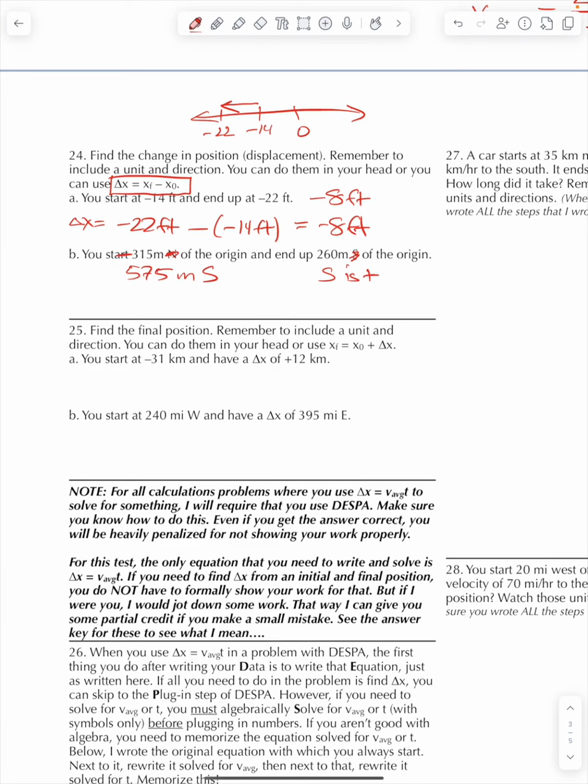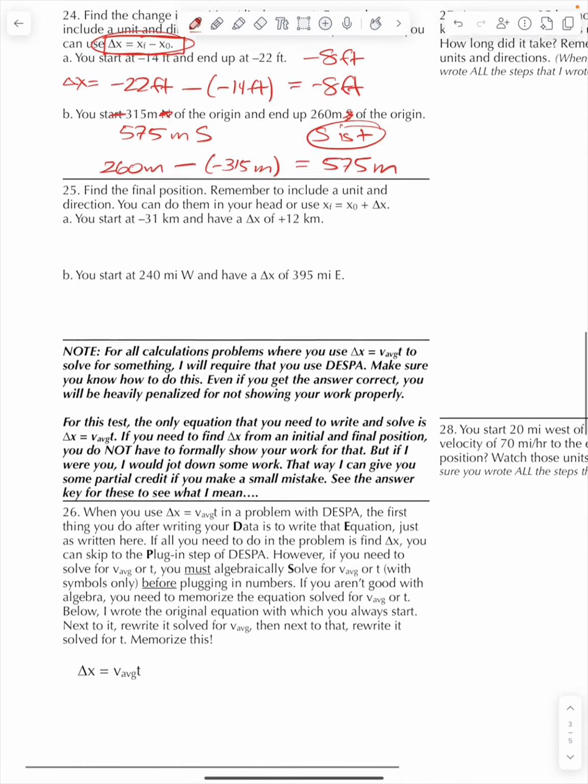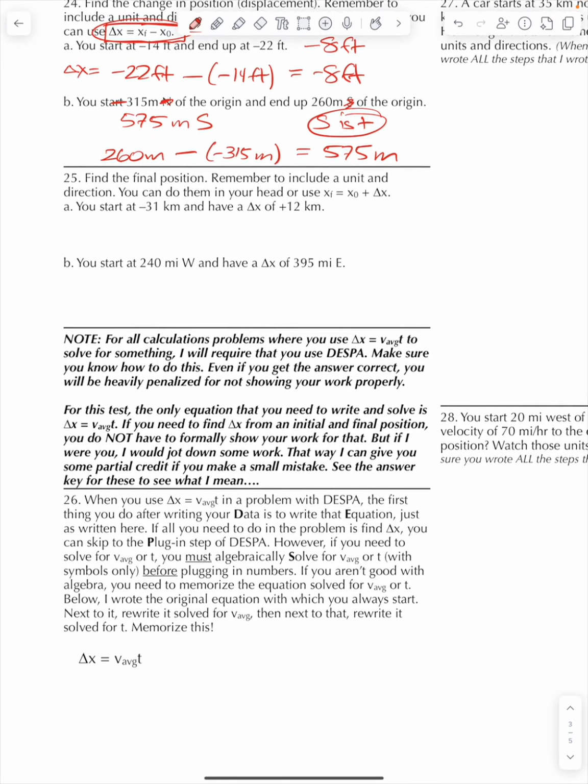And again, overkill, but if you want to use that equation, you can say your displacement is your final, which is positive 260 meters, minus negative 315 meters. And so that ends up being positive 575 meters, which, because we defined it that way, means it's to the south. Okay, not too hard, but I might ask a quick question like this, but probably not.